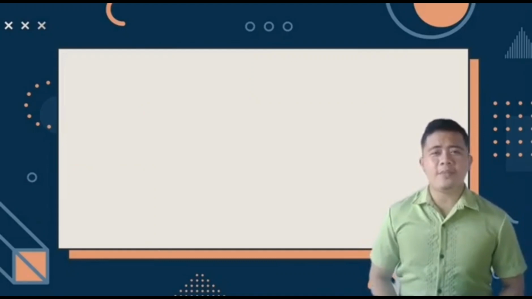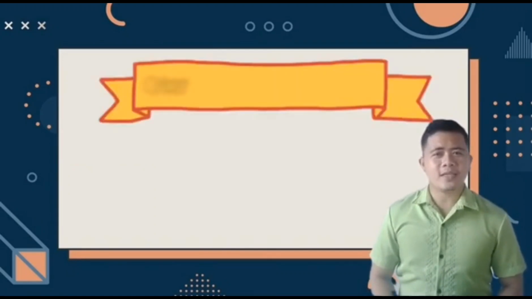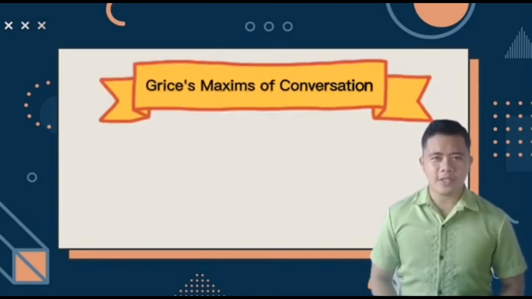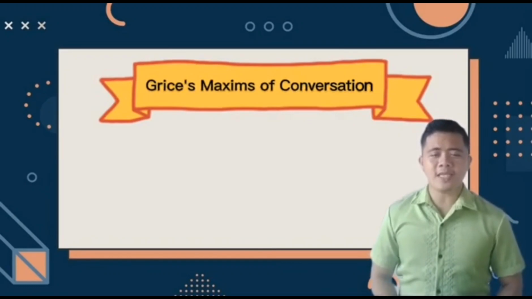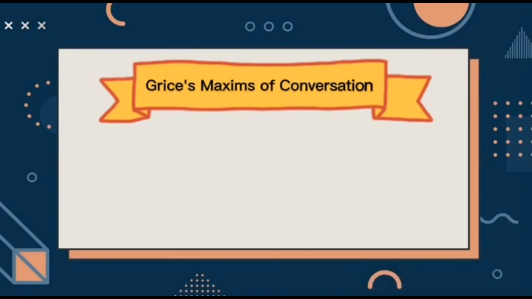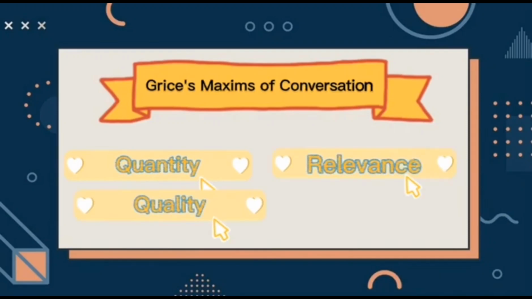Fortunately, there are some principles known as Grice's maxims of conversation that you can use, which will help you avoid these mistakes in communication. There are four main maxims, which revolve around the quantity, quality, and relevance of what people say, as well as the manner in which they say it.